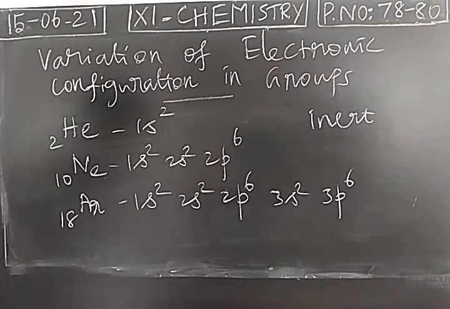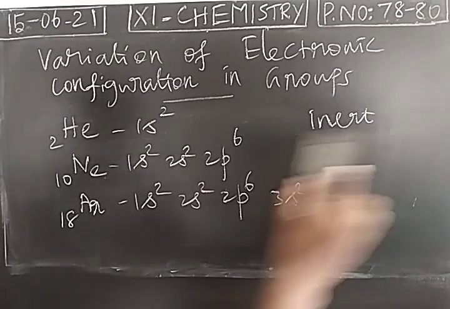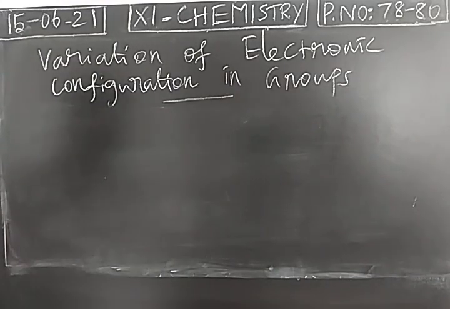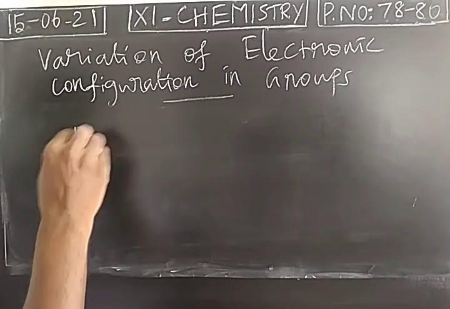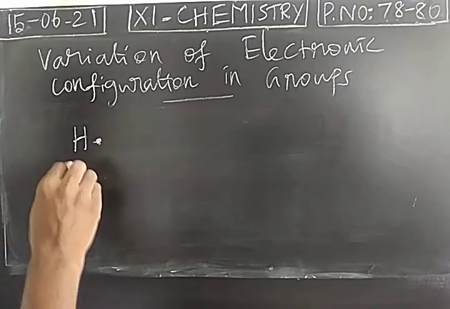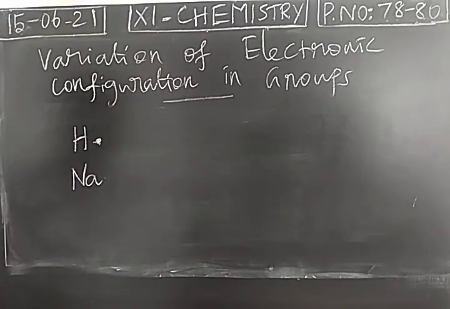Except the noble gases, the remaining elements in the modern periodic table are unstable in nature. Unstable elements will always be involved in chemical reactions. Which is responsible for a chemical reaction? Valence electrons. When you take hydrogen, hydrogen shares its valence electron. Sodium loses an electron to become a cation.